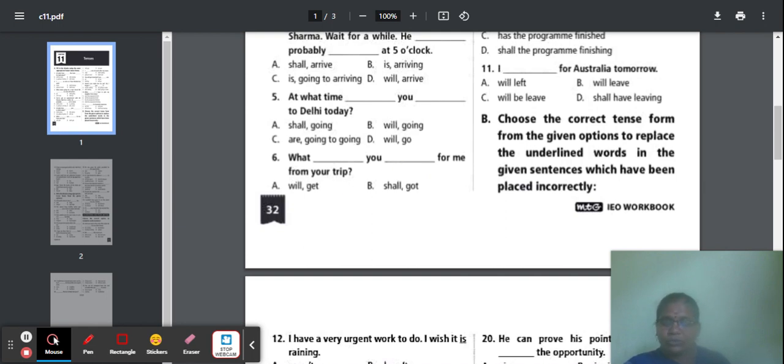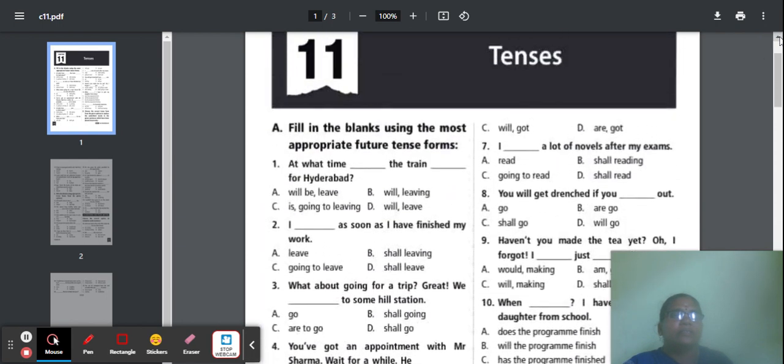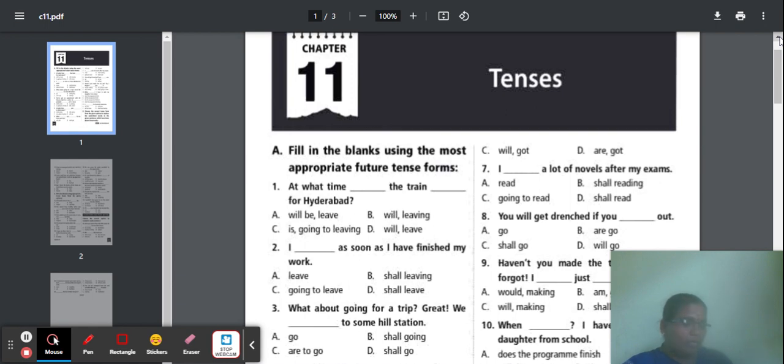Here surely, what will you get for me from your trip? The answer will be option A. Very good. Tenses are very easy, isn't it, my dear? Give yourself appreciation like this.